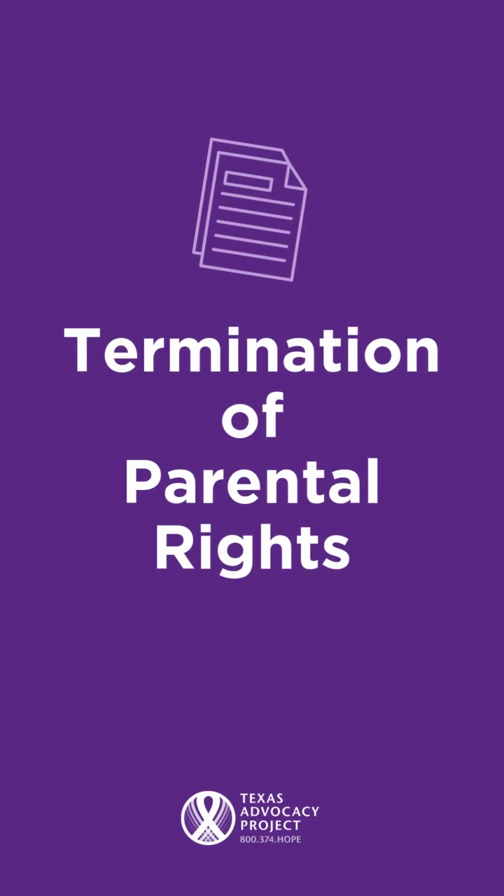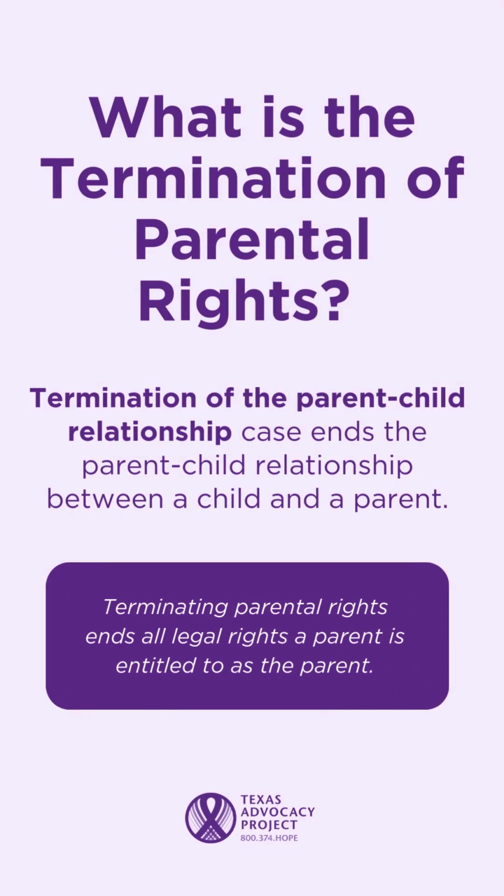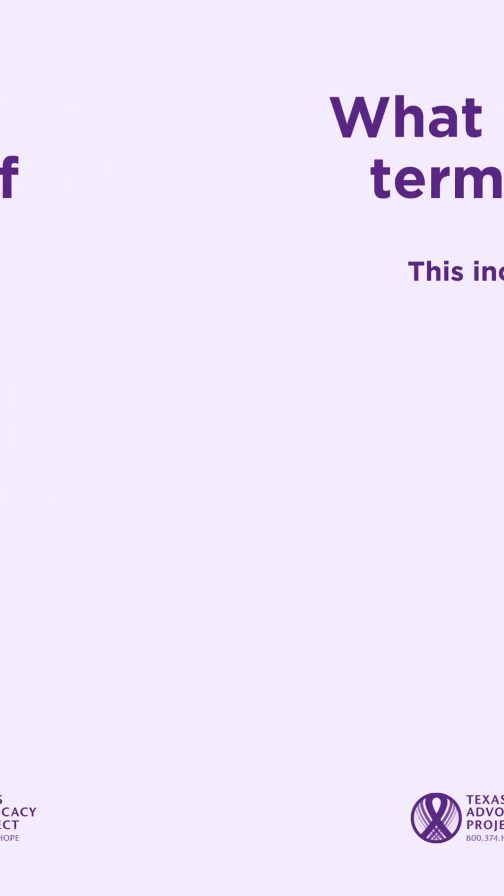We're going to walk through what it means to terminate parental rights. A termination of parental rights case ends the parent-child relationship between a child and parent. Terminating parental rights ends all legal rights a parent is entitled to as the parent.